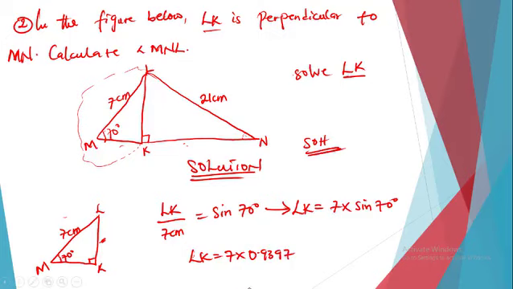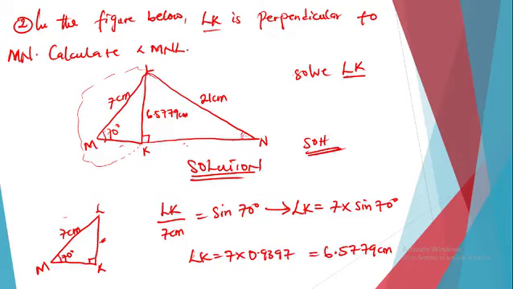Are we following? Now 7 times this will give us 6.5779 cm. So our line LK is equal to what? 6.5779. So we found the value of this to be 6.5779 cm. Now we are looking for the angle at N, remember.